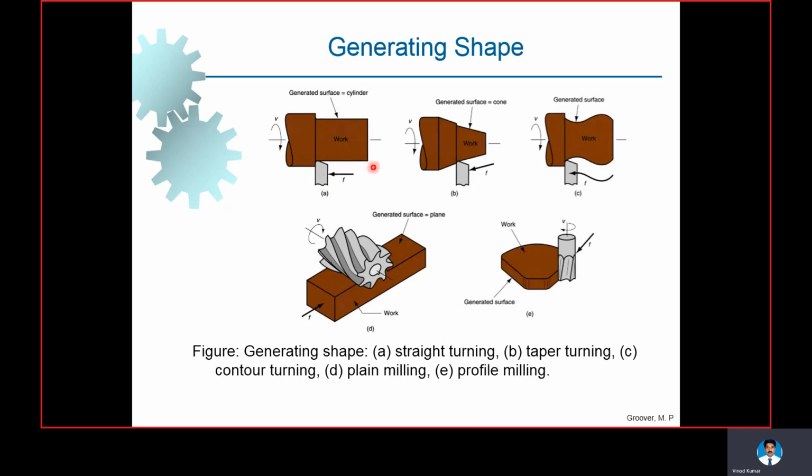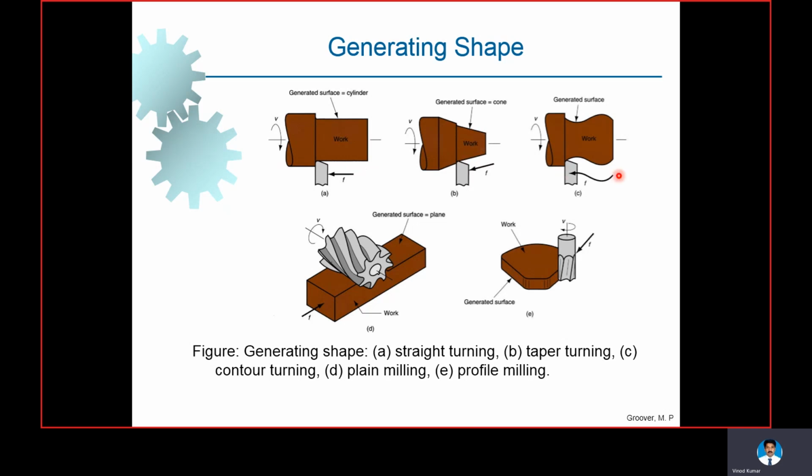The first condition is a straight turning process in which the shape is controlled by the feed of the tool. If the tool is fed in a horizontal direction, we produce a straight cylinder. If the tool is fed at an angle, we could produce tapered work parts.